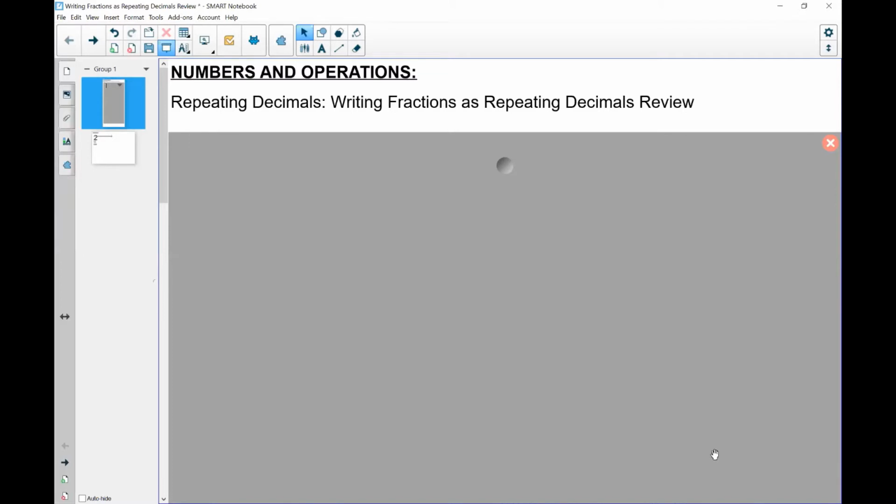I introduced this last Friday. Today is a review of repeating decimals because next week I am moving on to another lesson with square roots and cube roots. So that's a new lesson coming next week.